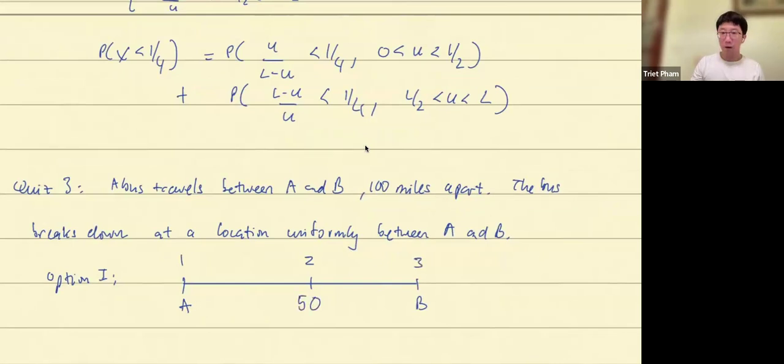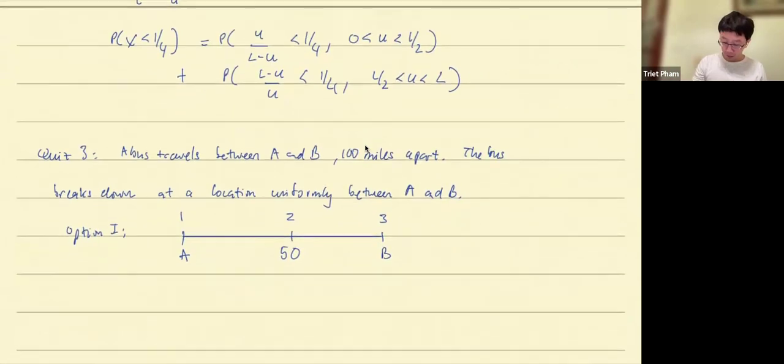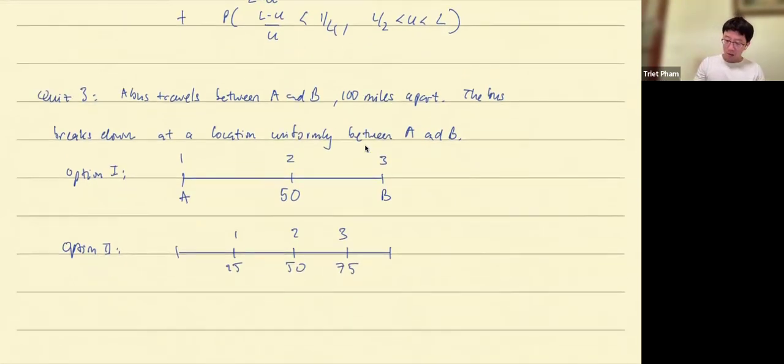Option two is to place them at the 25th, 50th and 75th miles. They ask which option is more efficient and why.